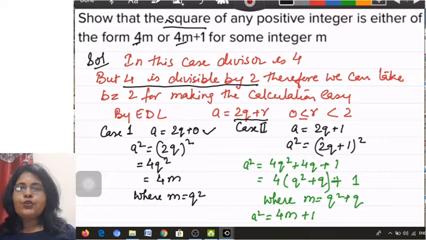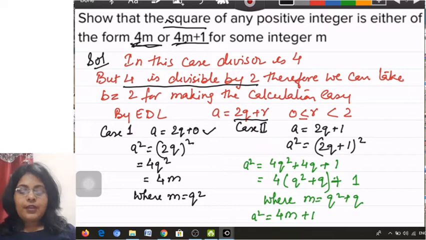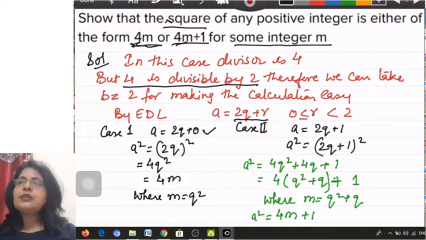It is 4q square. Now we have to just focus on 4m and 4m plus 1. They are using this q square as m. We will simply write here 4m, where m equal to 2q square, because they have written for some integer m. We will just say that this q square is an integer.